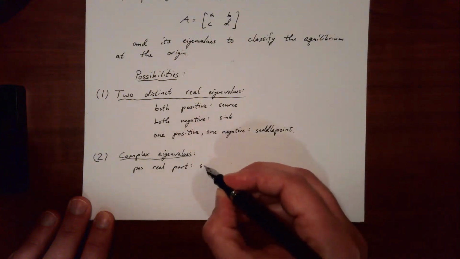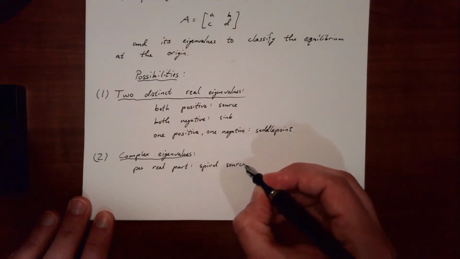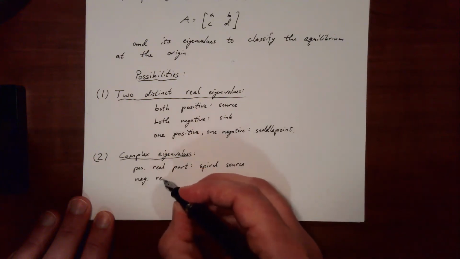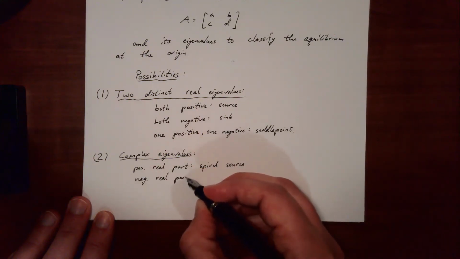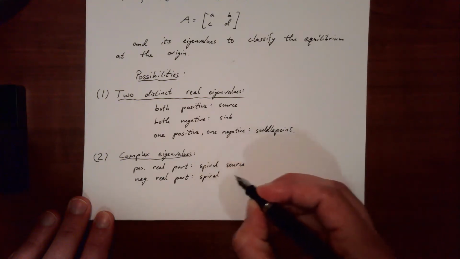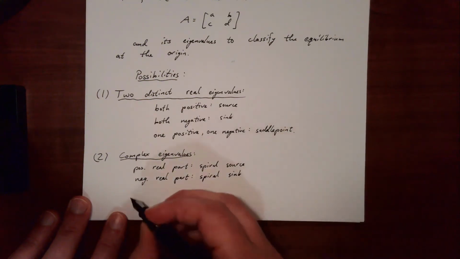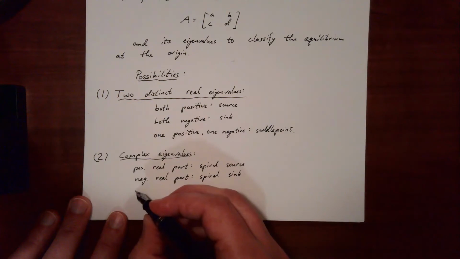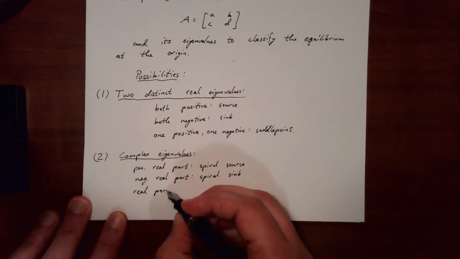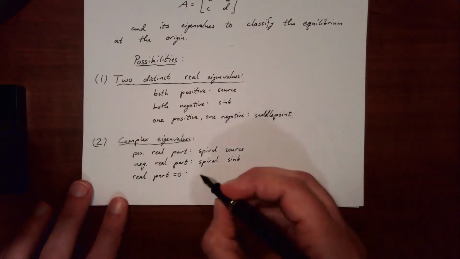That was a spiral source. Negative real part, that's a spiral sink. And then real part equals 0. In other words, it's purely imaginary. That represented a center.